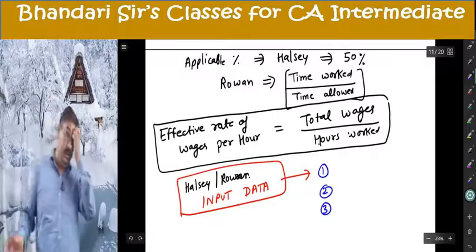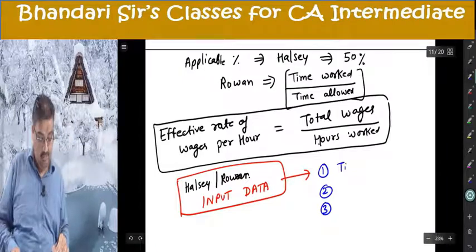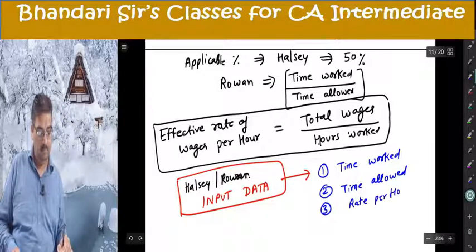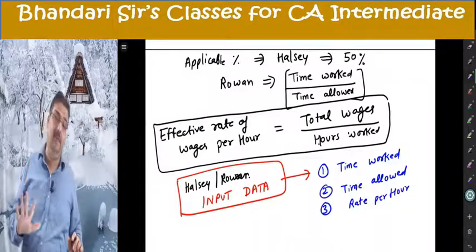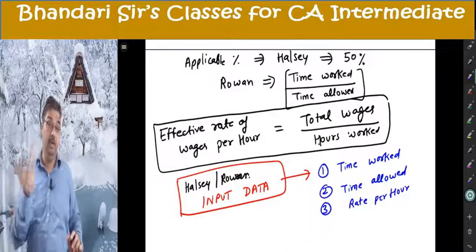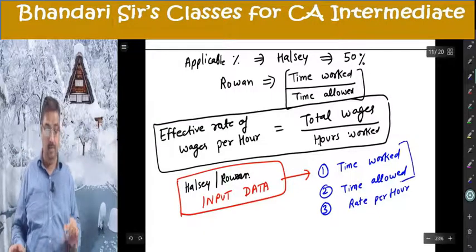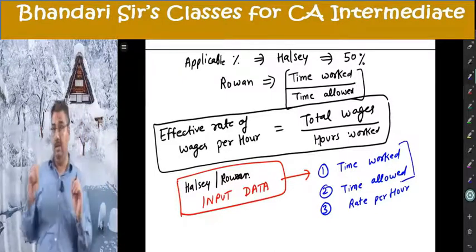If I get these three things, I can compute anything related to Halsey and Rowan: one, time worked; two, time allowed; three, rate per hour. Students say we also need time saved. Time saved can be computed from here. Time saved depends on 1 and 2: 2 minus 1 is time saved. So all the formulas can be easily applied.